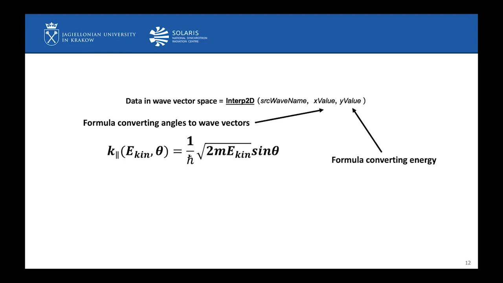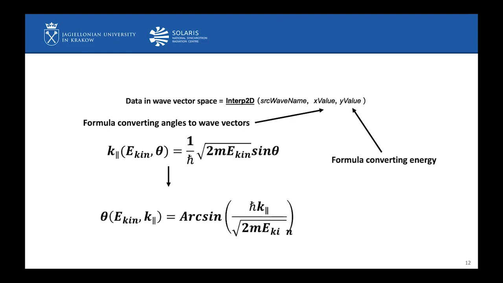But unfortunately, it is not so easy. We have to reverse that equation because we need the formula that connects the theta angle as a function of the kinetic energy and K vector. So we have to perform this simple mathematics, and it will look like that.